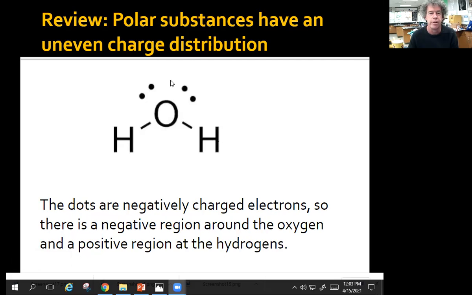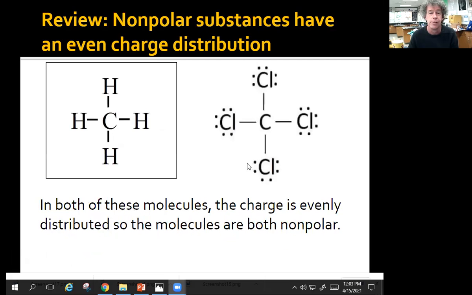So there's a permanent negative region and positive region, so water is polar. Nonpolar, you have an even charge distribution. So if we have CH4 or carbon tetrachloride, you'll see in either case the distribution of the charge is symmetrical and even, and thus there's not a disparity, and these are nonpolar molecules.